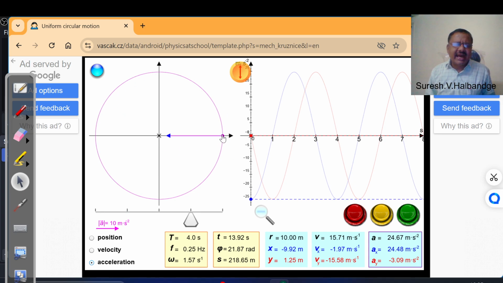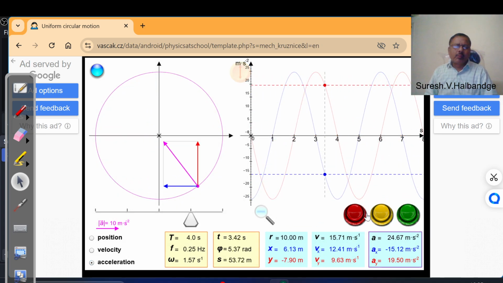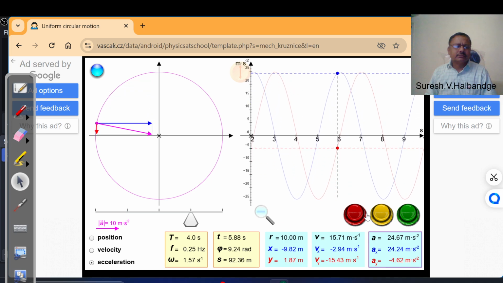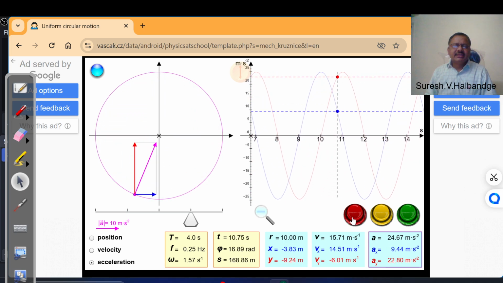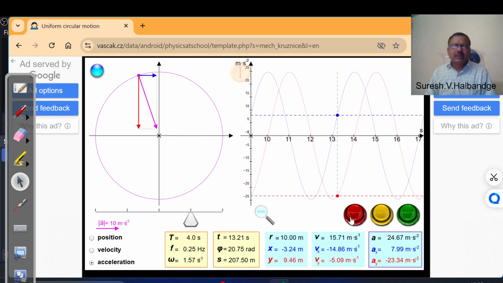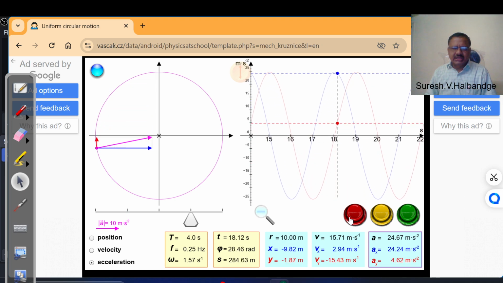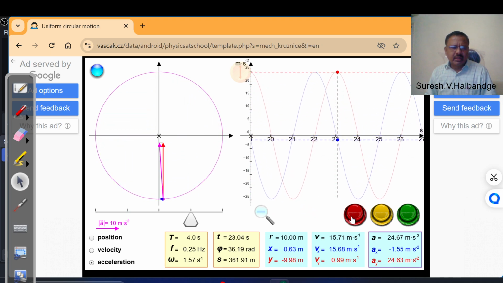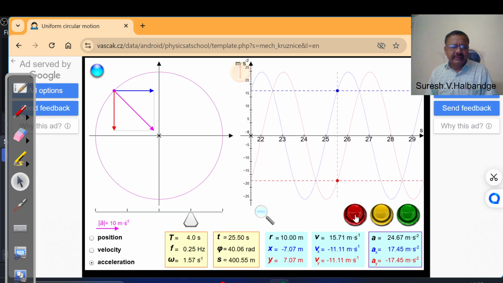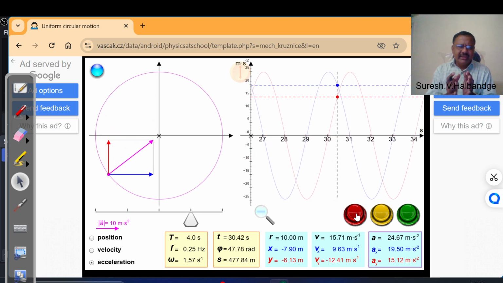In UCM, the direction of acceleration is along the radius toward the center. Similarly, we can have the displacement, velocity, and acceleration in the case of wave motion and also in oscillatory motion. So in this way, we can have the analogy.